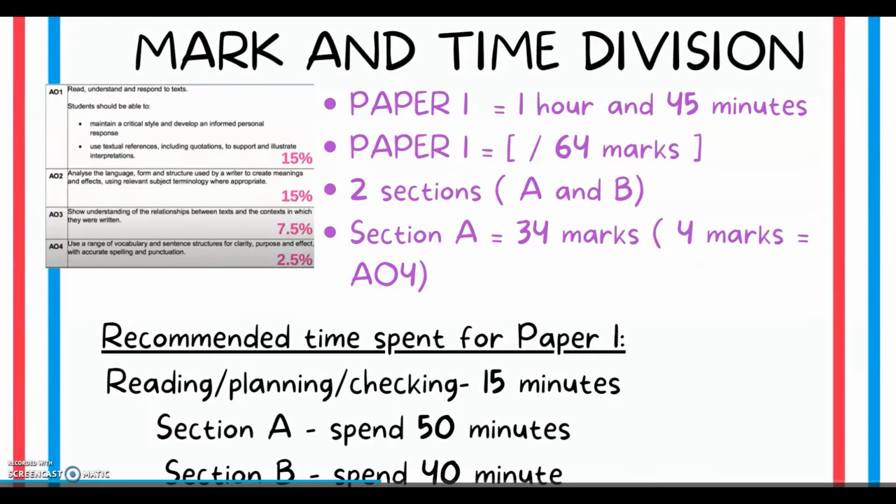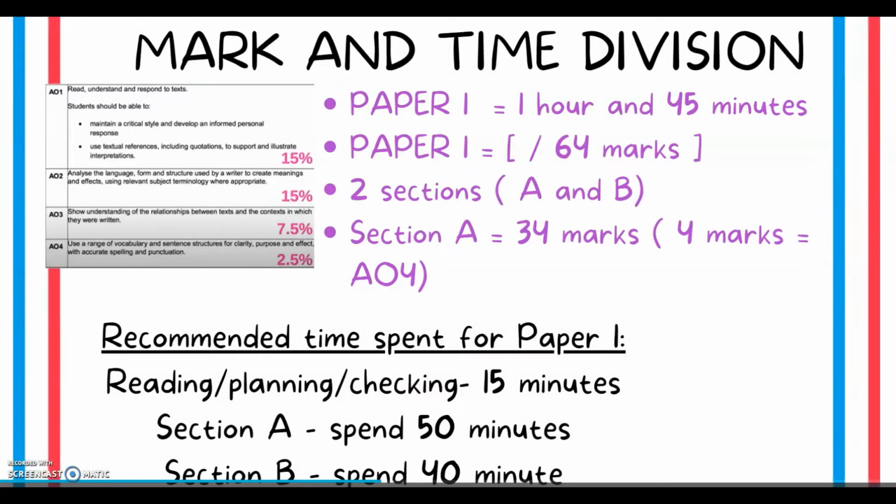Well, as we said, the AO4 addition. Now, it's important you keep in mind the percentage per assessment objective, but it's not necessarily something you need to memorise, just something you keep in mind for the exam.